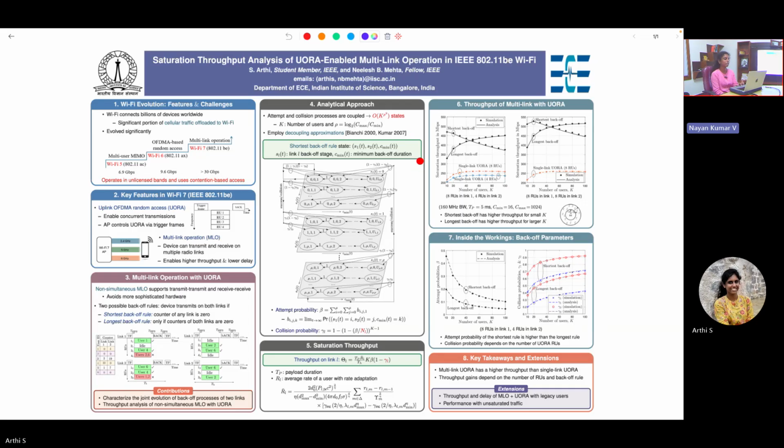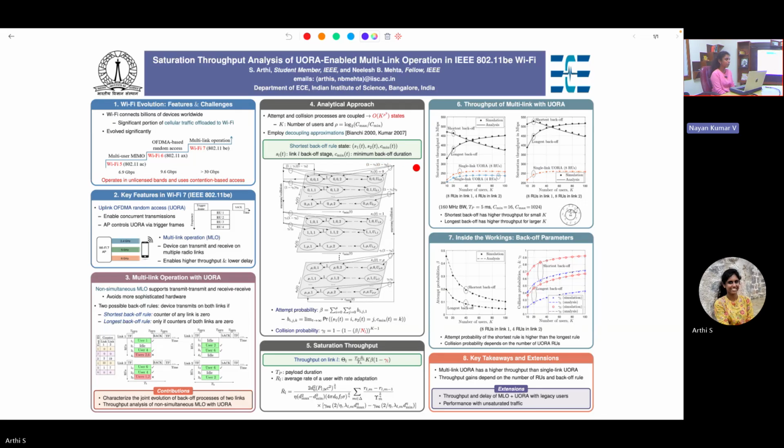With this, now let's look at the backup analysis of the shortest backup rule. In the shortest backup rule, we can characterize the backup processes of a user using this state, which is mentioned as S1(t), S2(t), and C_min(t), where S_L(t) is the backup stage of link L of a user and C_min(t) is the minimum backup duration of a user.